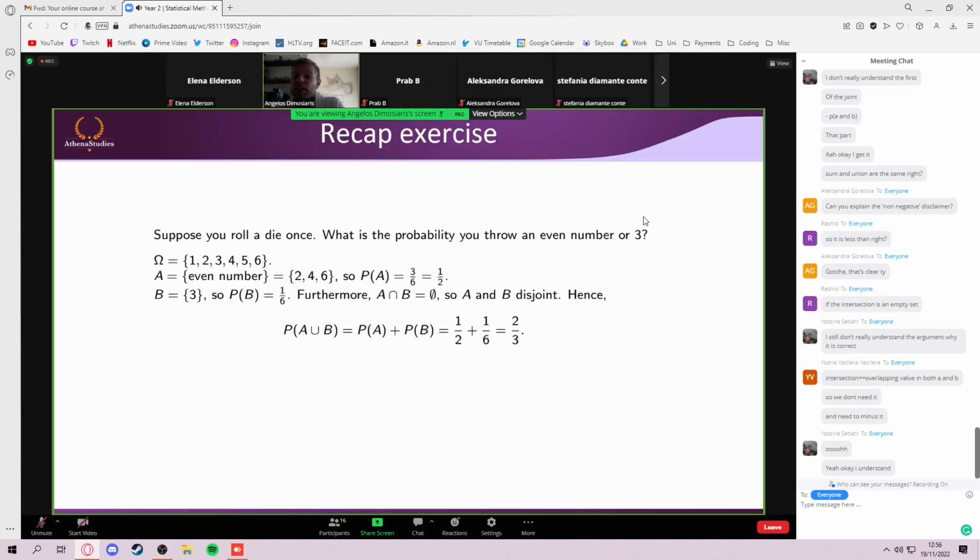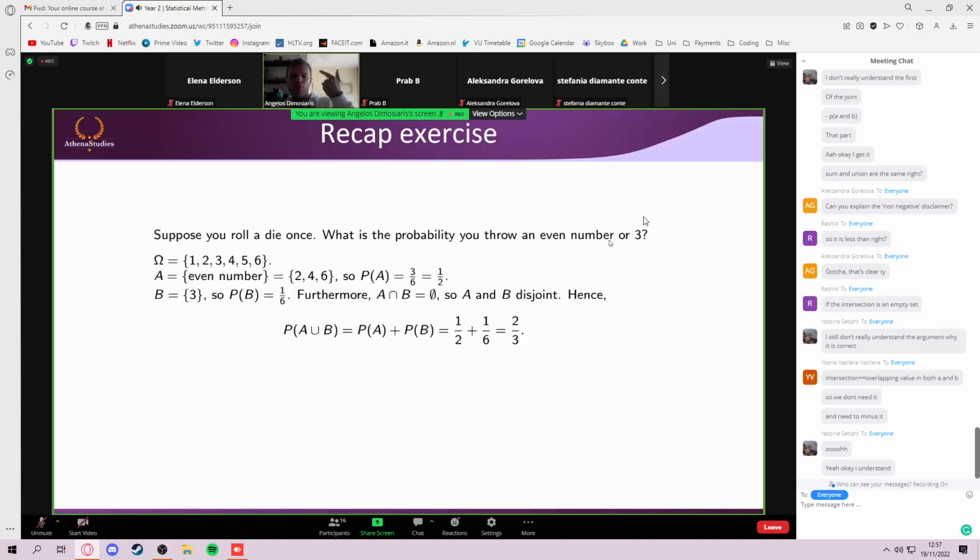Okay, suppose you roll a die once. What's the probability to throw an even number or 3? So let's go through all the steps together. First, the sample space. Omega equals 1, 2, 3, 4, 5, 6. Okay, we have a die. We can get one of these 6 events. So now the question asks us about the probabilities that you throw an even number or 3.